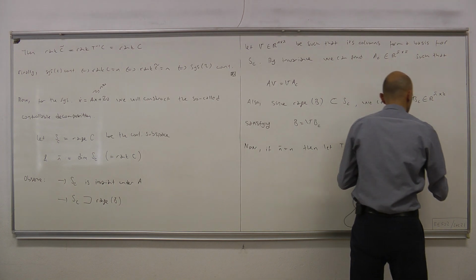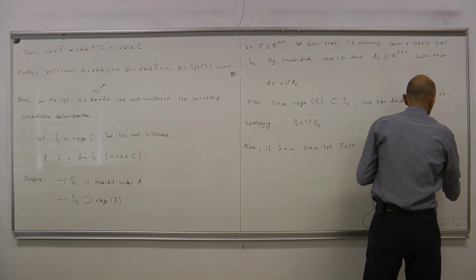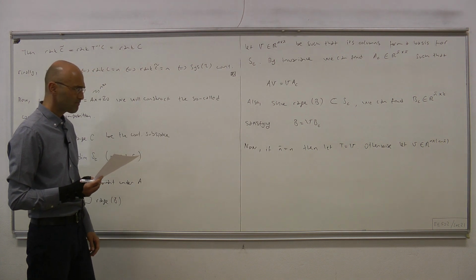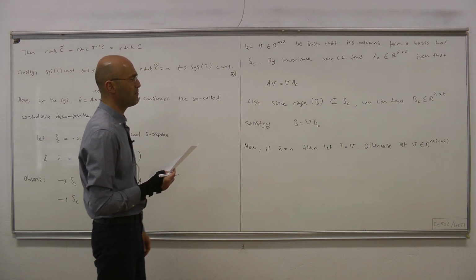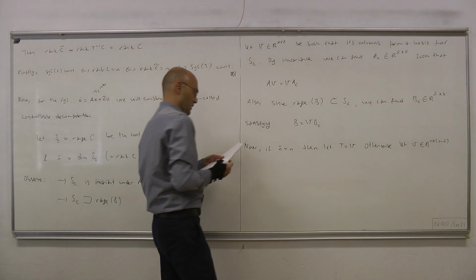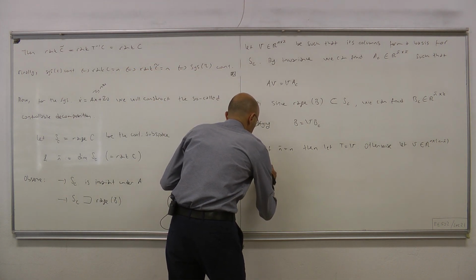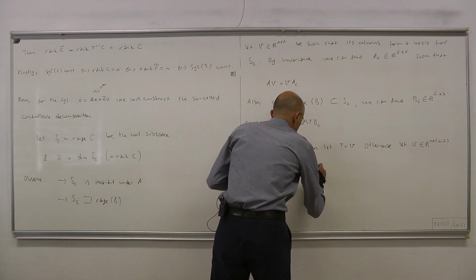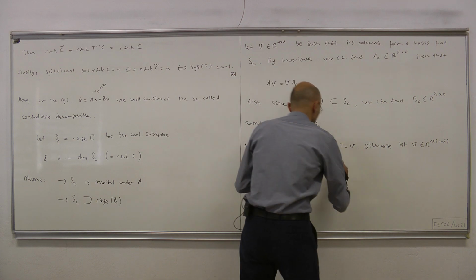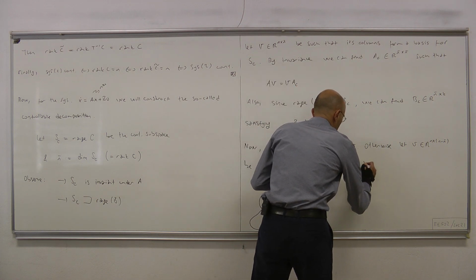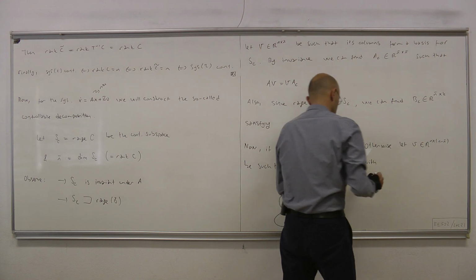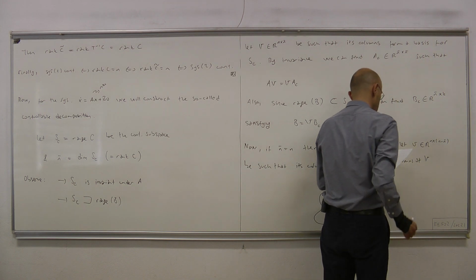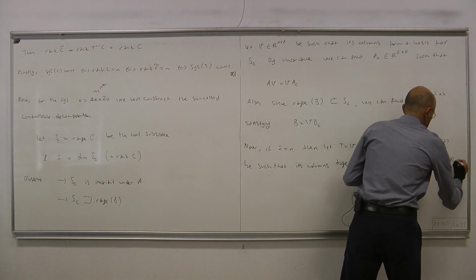let U be a matrix with n rows and n minus n bar columns, such that its columns together with the columns of V span the entire space Rn.